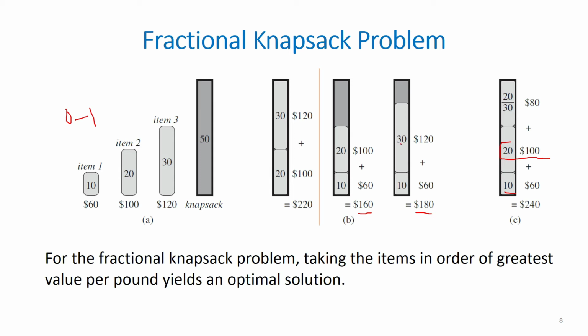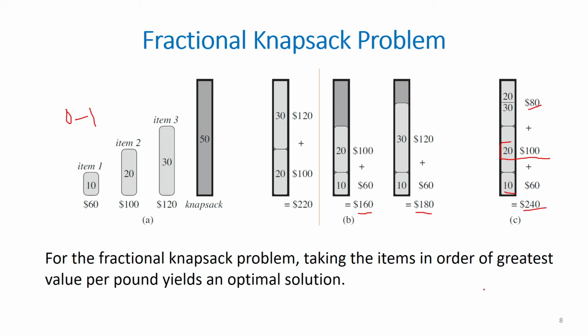So 120 divided by 30 would be 4, and since we are taking 20 kgs of it, we would get an additional profit of $80. So the fractional knapsack problem would give us a more worth value of $240 using the greedy approach.